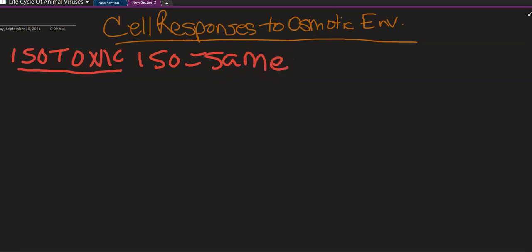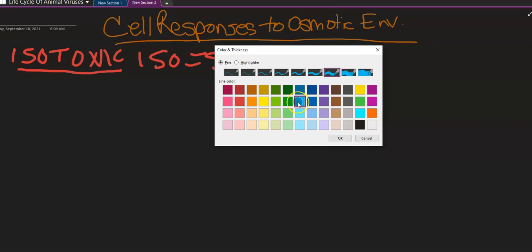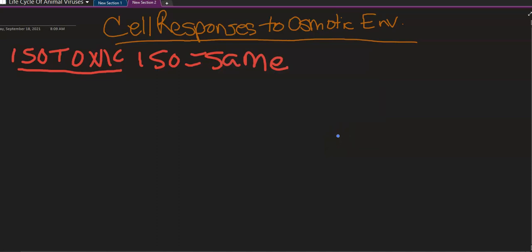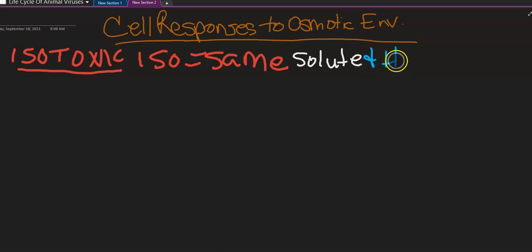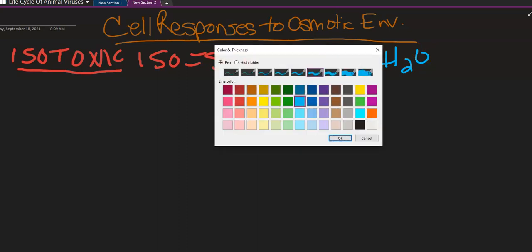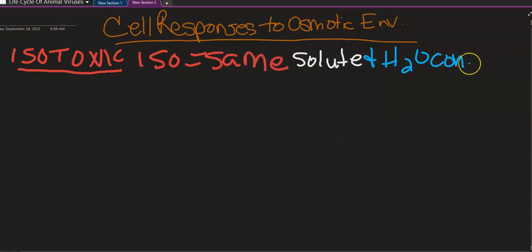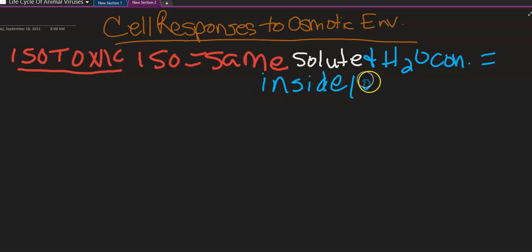And so what isotonic is telling us when we read that about the environment of the fluid inside and outside of the cell is that the solute and the water concentration is the same, okay? It is equal inside and outside of the cell.